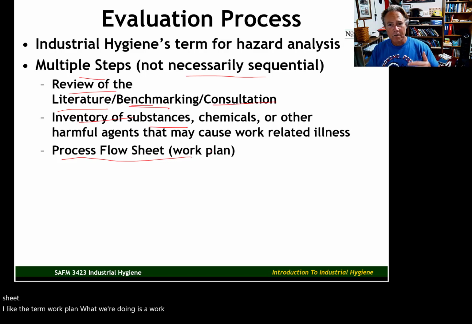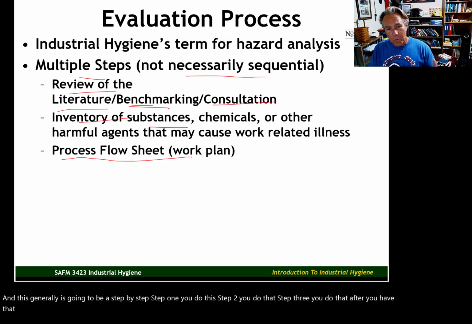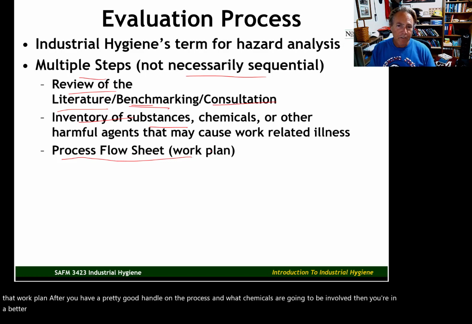The operation, again, all the different components of that operation, and this generally is going to be step-by-step. Step 1, you do this. Step 2, you do that. Step 3, you do that. After you have that work plan, after you have a pretty good handle on the process, and you know what chemicals are going to be involved, then you're in a better position to identify the hazards that need to be controlled.